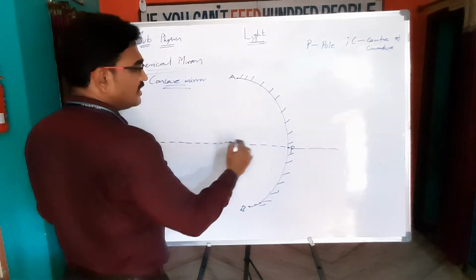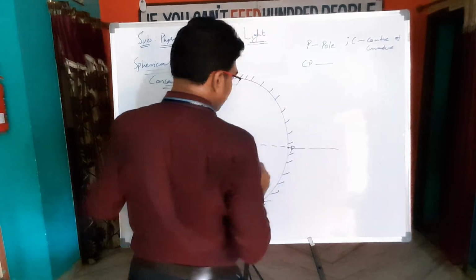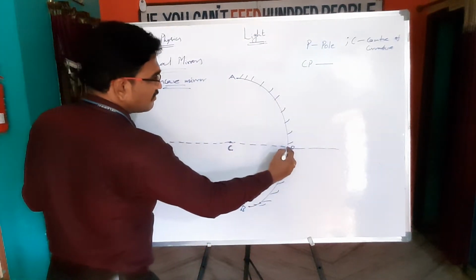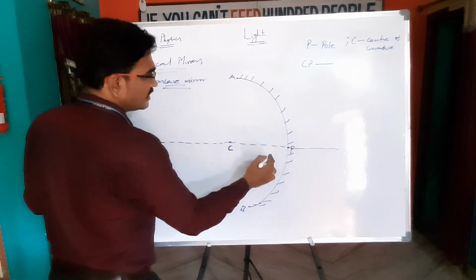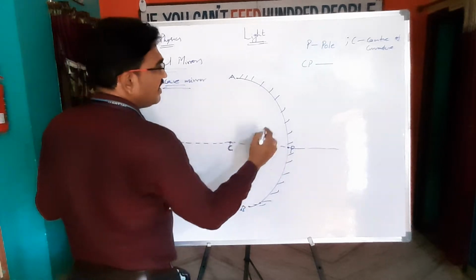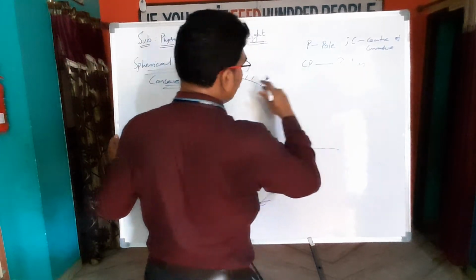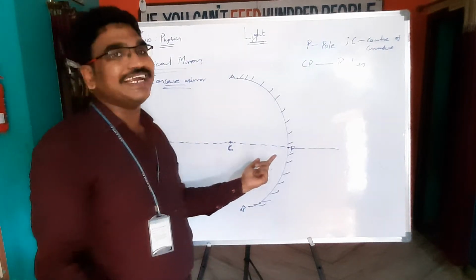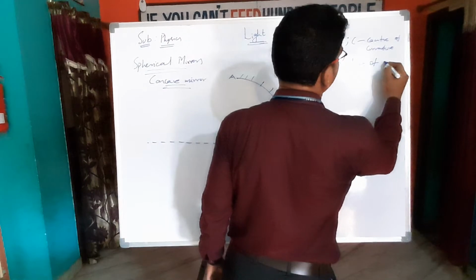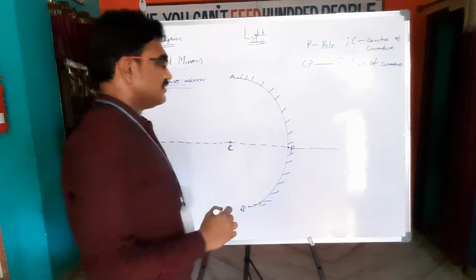Now already we have discussed some points, like the distance from P to C, or CP. So what is CP here? From C to P, already you know this is the center and this is a point on the surface of the sphere. The distance from C to P is nothing but the radius. So with respect to the spherical mirror, I can call it the radius of curvature.